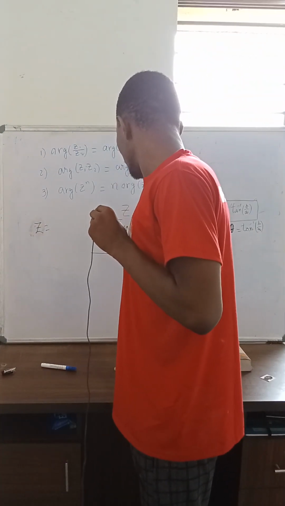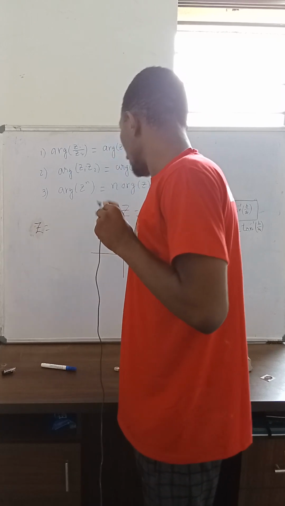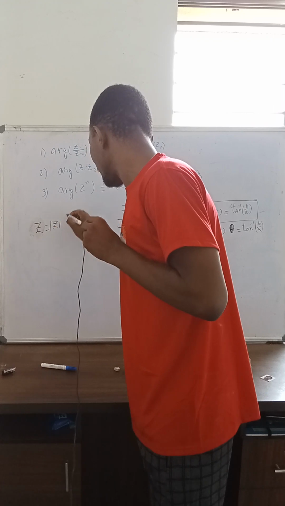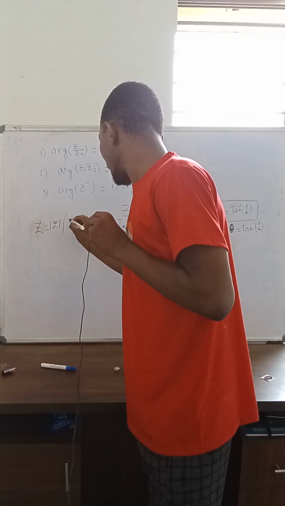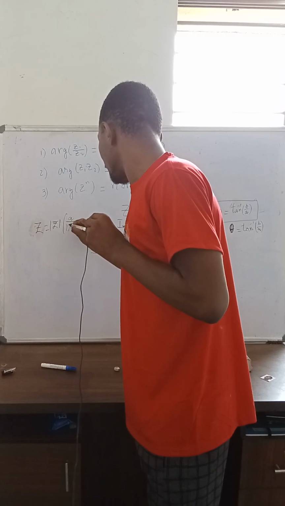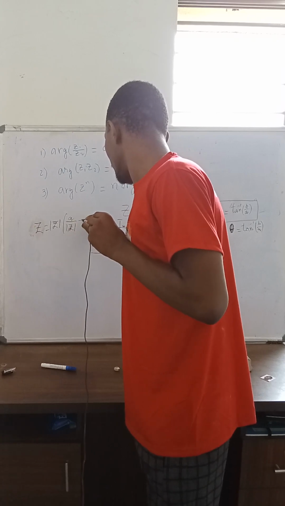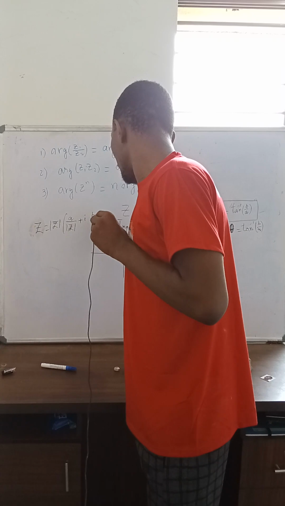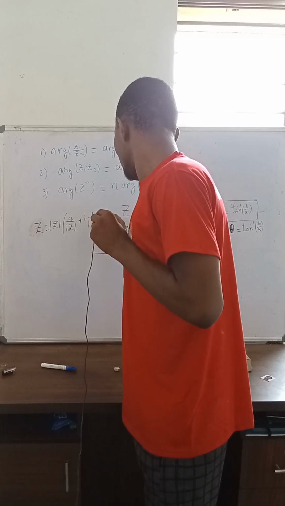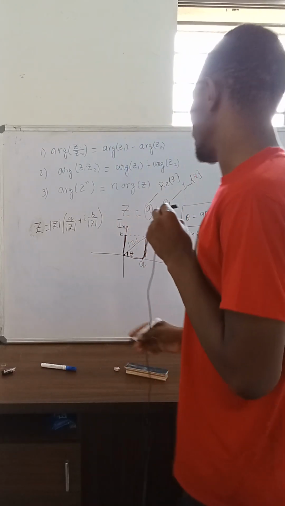I can write just this one. I come here and put this module of z, and I can do this: a upon module of z plus i b upon module of z, just like this.